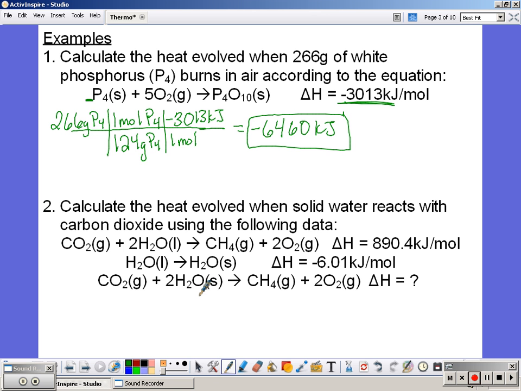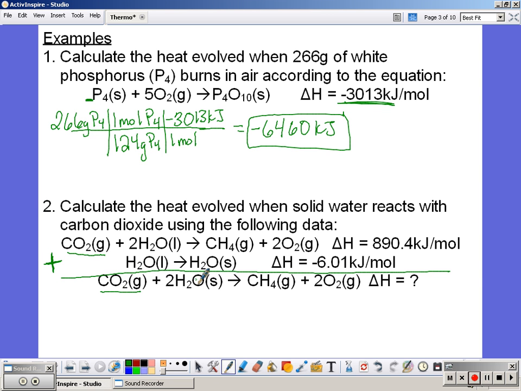Number 2, calculate the heat evolved when solid water reacts with carbon dioxide using the following data. So here, this reaction at the bottom is the one that we're trying to get to. If I was to add the top and the middle reaction, I should get the bottom. I want CO2 as a reactant.